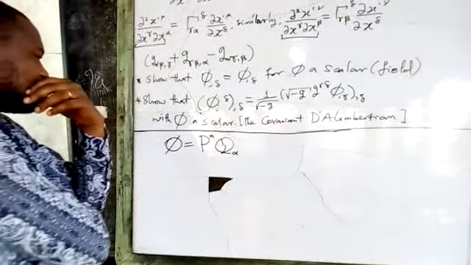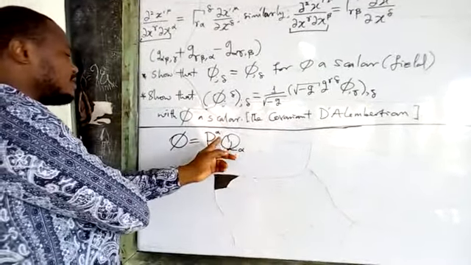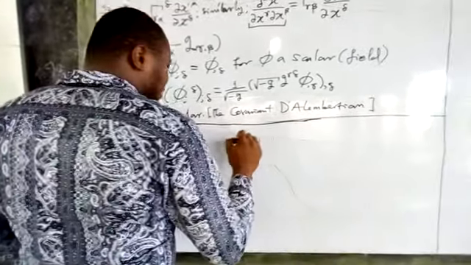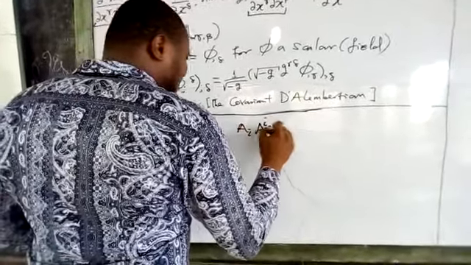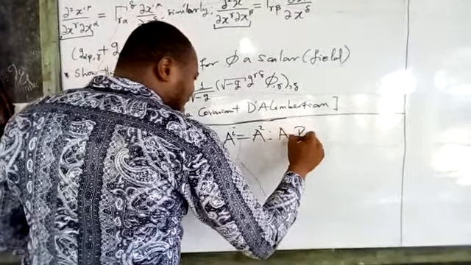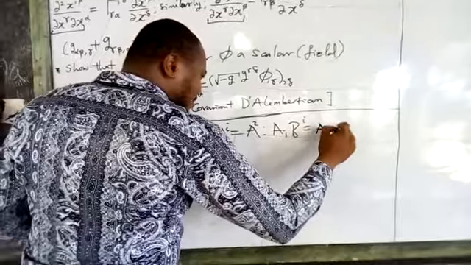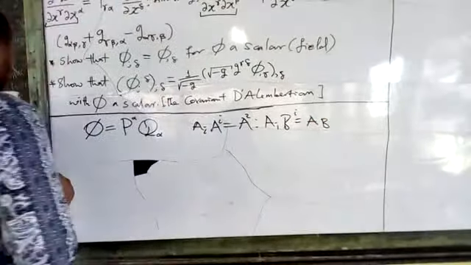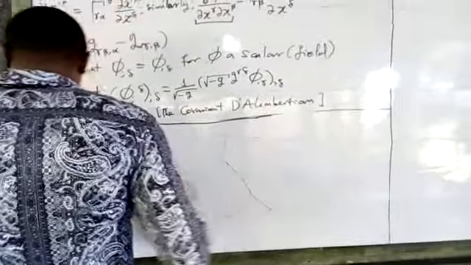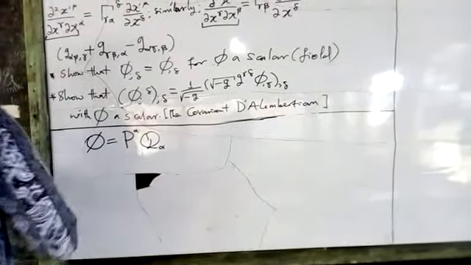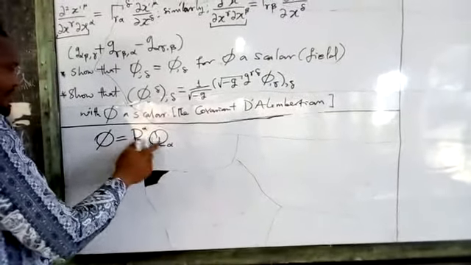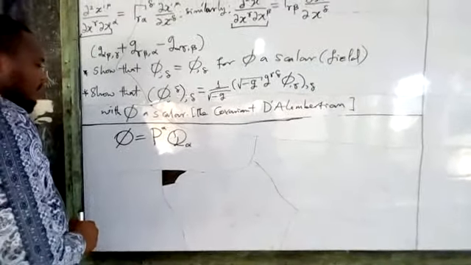The dot product of two vectors is a scalar, and we usually denote that as A_i A_i, which in this case means A squared, or A_i B_i, which simply means AB, and that is a scalar. So given that a scalar itself may not have an index, when you consider it as a dot product in this form, we now have indices. So what do we do in this case?